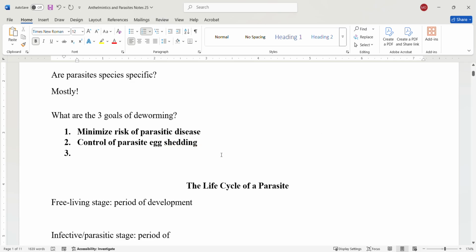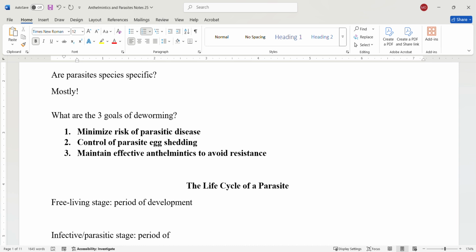And then the last goal is going to be to maintain effective anthelmintics. So these are going to refer to our dewormers, the drugs used to treat parasites. And so we want to maintain effective anthelmintics to avoid resistance.